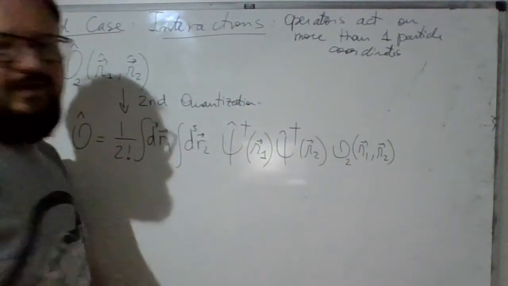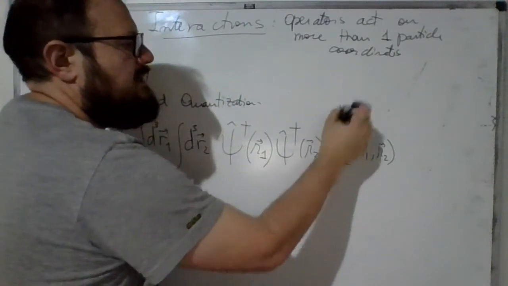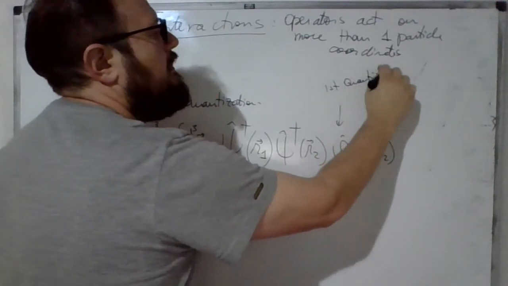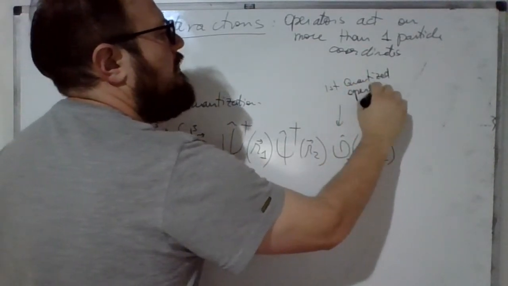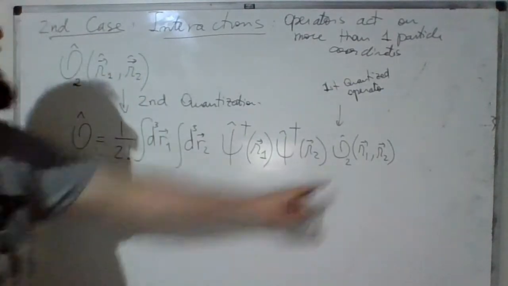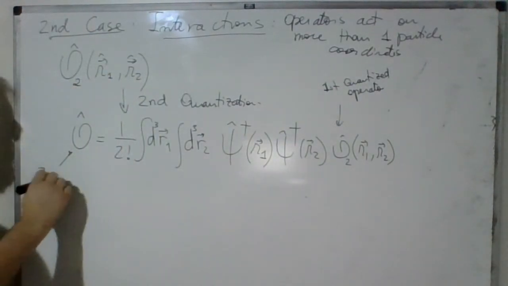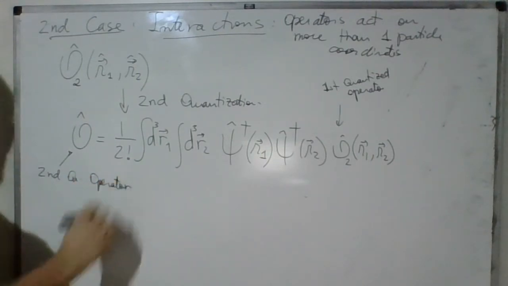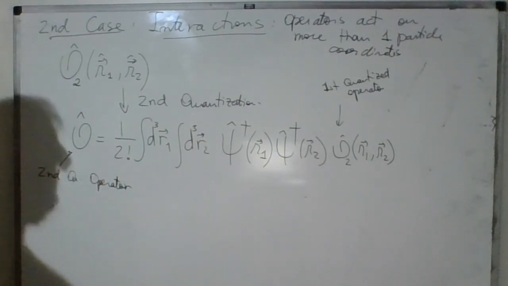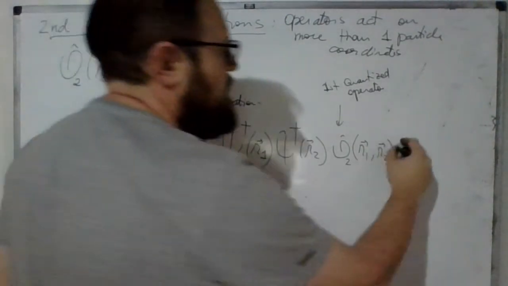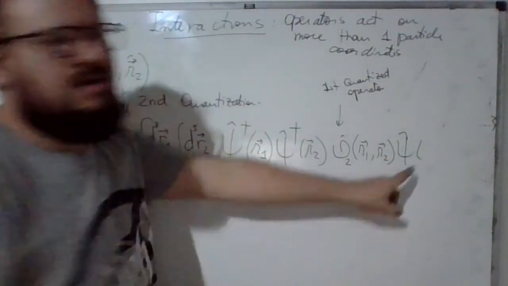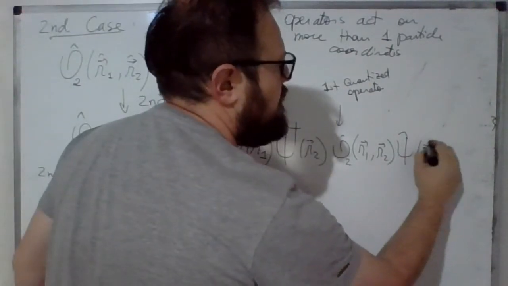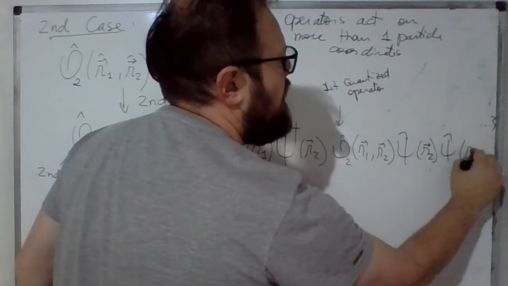Okay, so this is the operator in the first quantization, so it's the first quantized operator here, and this will be a second quantized operator. Okay, so this is a second quantized operator, and here you just reverse the order. So R2, psi of R1.